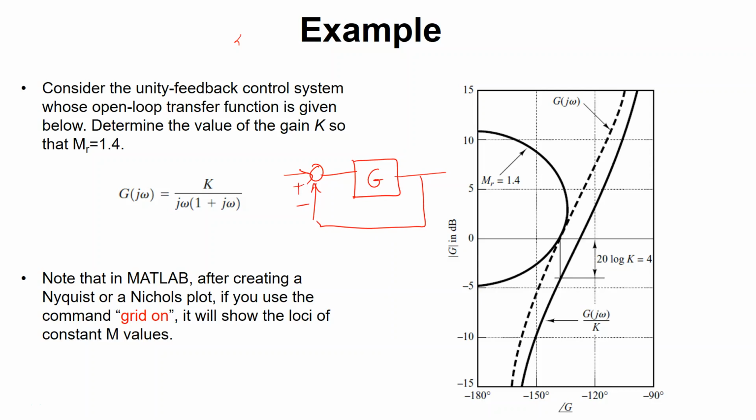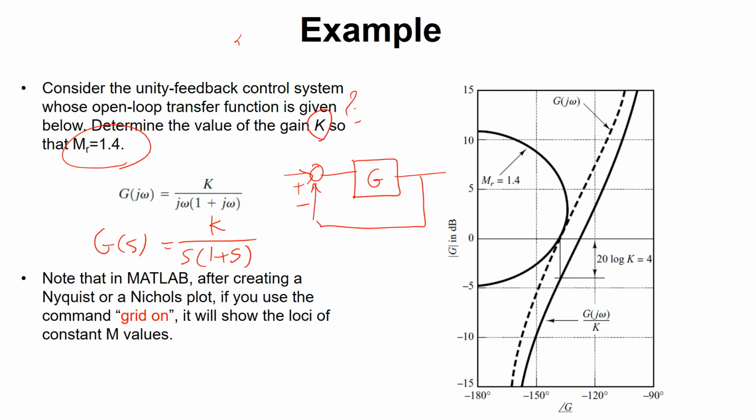So the G is a transfer function like K over S times 1 plus S. Now, I want you to tell me how much of K I should use in this system so that the peak value for the resonance, MR, is 1.4 units. So how much is K such that the peak of the resonance is 1.4?